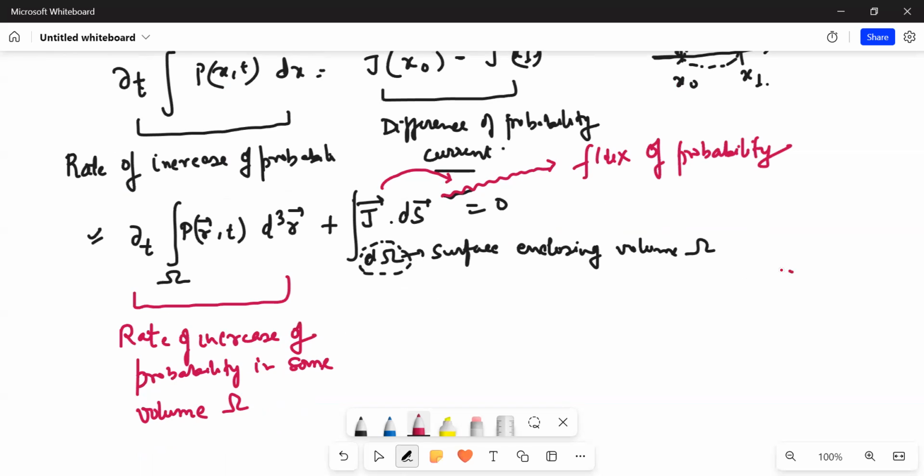If you remember, in electrostatics, what was negative flux? If my flux is entering, we denote it by a negative sign, and if my flux is leaving, then we denote it by a positive sign.